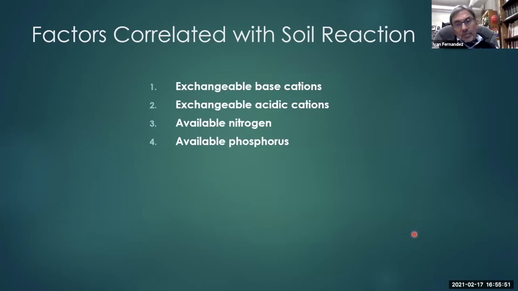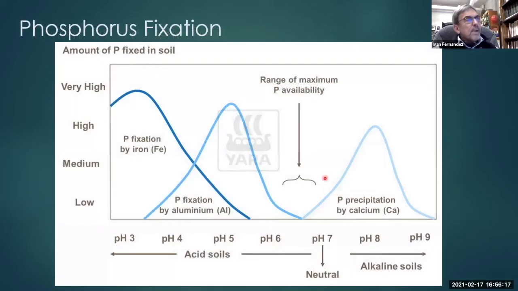Phosphorus is correlated with pH, not because of the biology. We get some phosphorus from organic matter decomposition, but primarily it's a function not of exchangeable chemistry, not biology, but the precipitation and solubility of specific compounds in our soils.